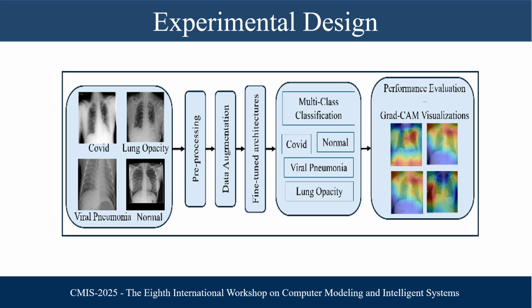Then after pre-processing the images, I have used a data augmentation technique to increase the number of images. Then I have used the fine-tuned architectures for the lung diseases classification. By using those architectures, I am able to do the multi-class classification of lung diseases in 4 categories: COVID, normal, viral pneumonia, and lung opacity.